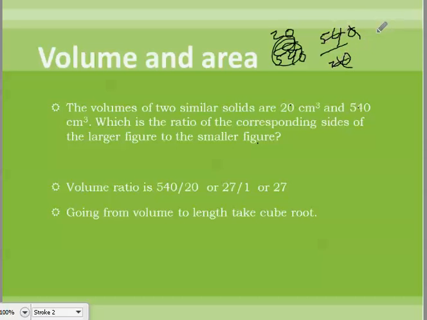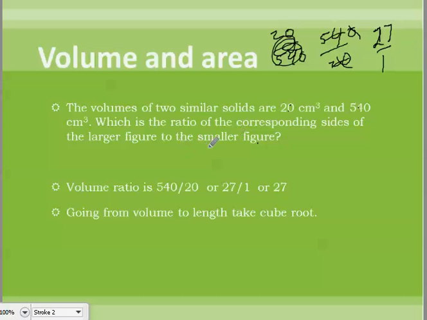Okay? That is 540, 27 over 1. Jeez, Mr. Green. That's 27 over 1. That's the ratio of the volumes. All I did was reduce that ratio down.